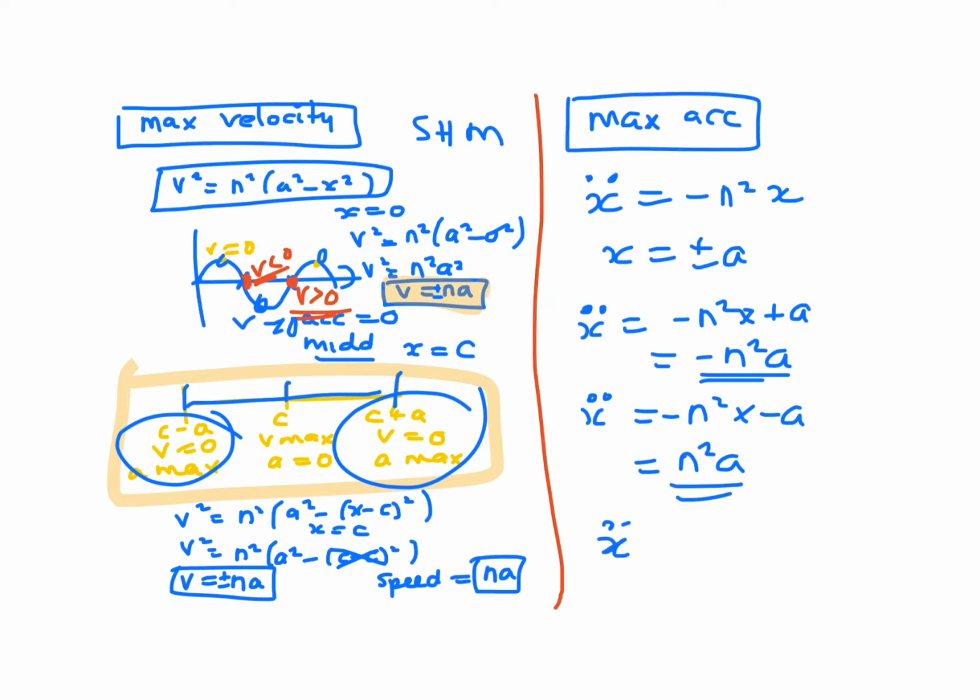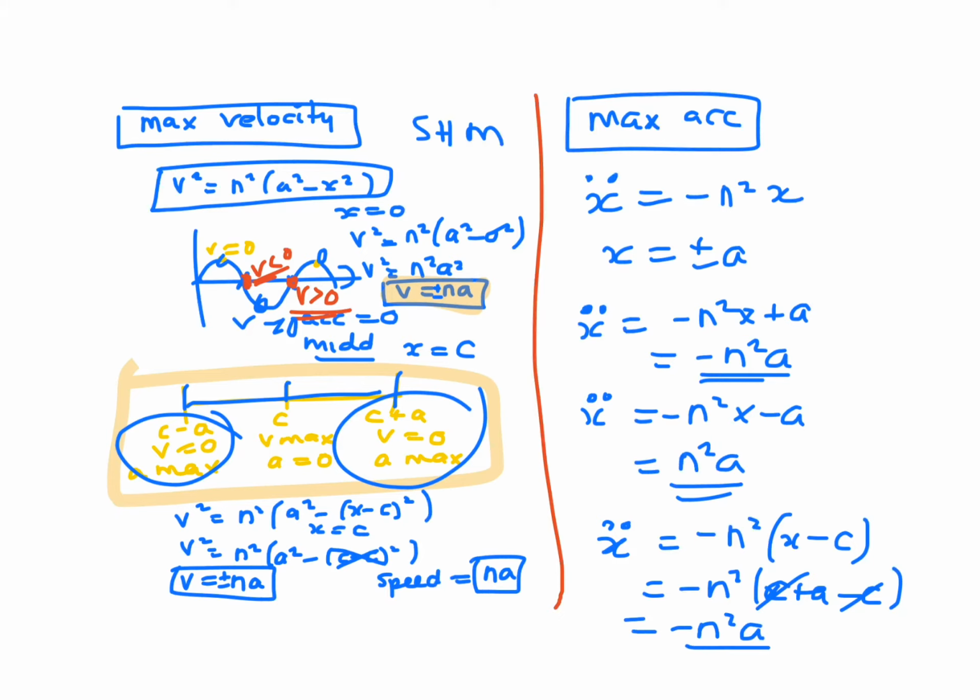And if it's a shifted one, it's still going to be the same, because it's x minus c, and it's going to be at the endpoint. The endpoint, for example, is c plus a or c minus a. So the c's go out, and you still get minus n squared a. And if it was the other way around, it would be plus n squared a.